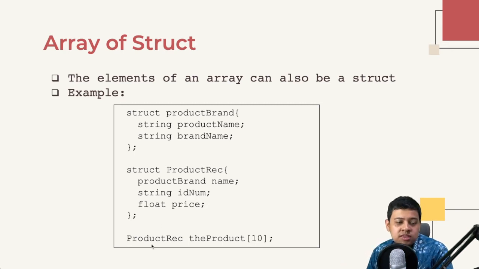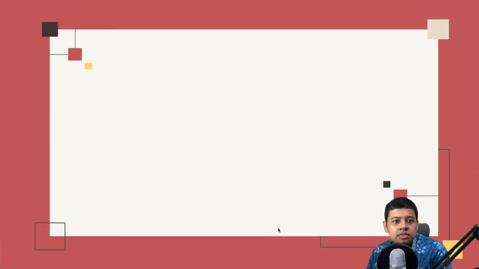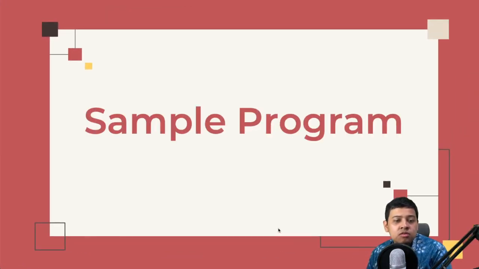So we see here the product rec, and then we have the name, the product, and the array declaration, which is the length of 10. So that's how to use the struct array.